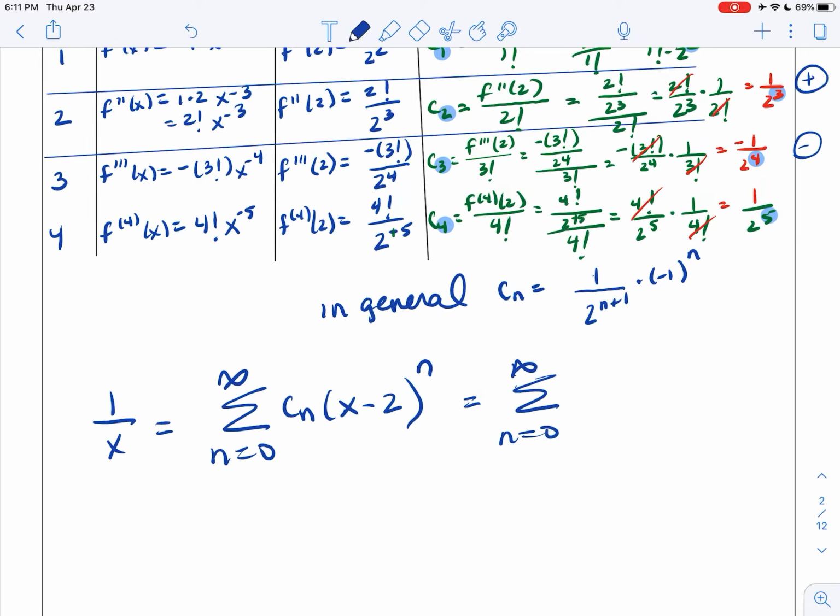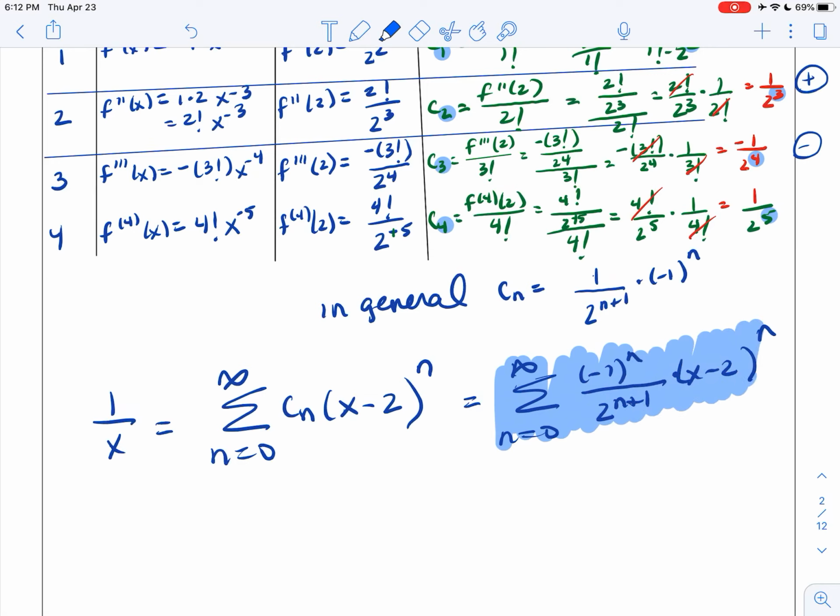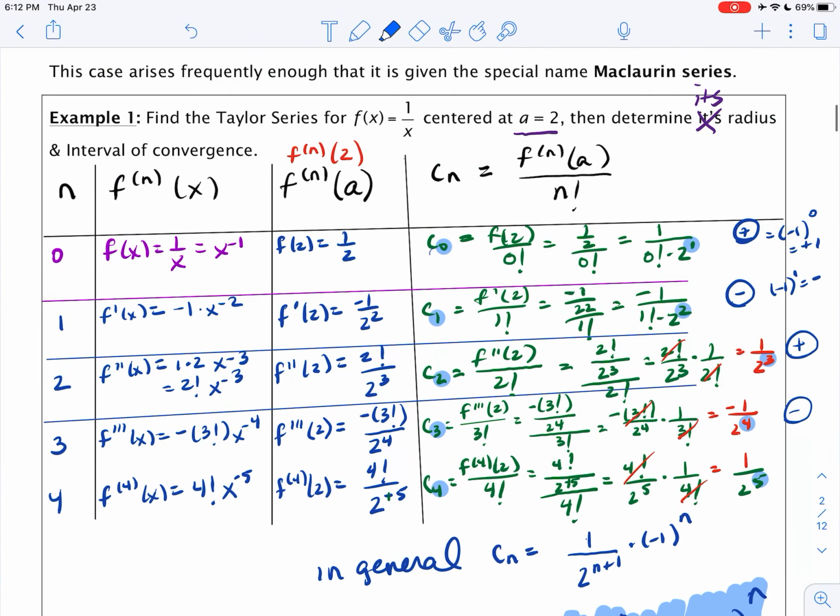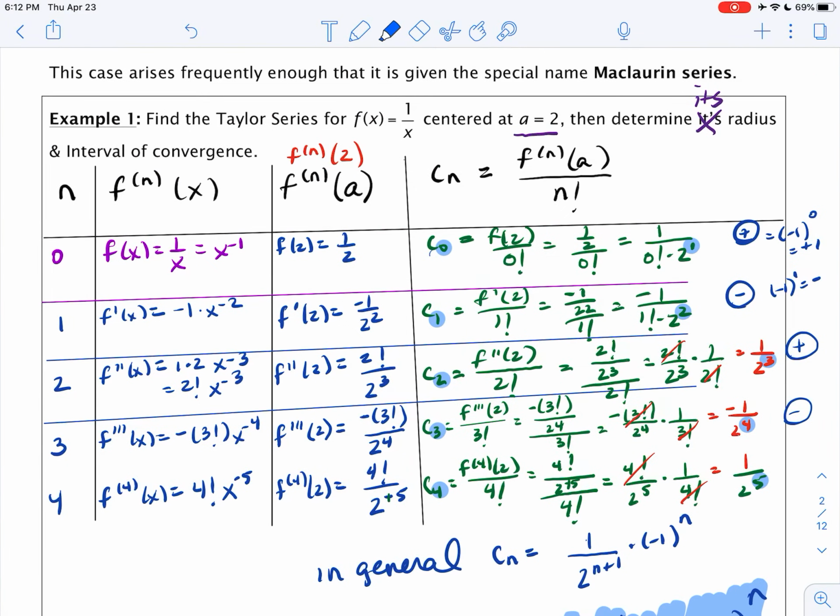And now since I have a general expression for C sub n, I can put that one in there. Good, and that is going to be my Taylor series expansion around a equal to 2 for the function 1 over x.